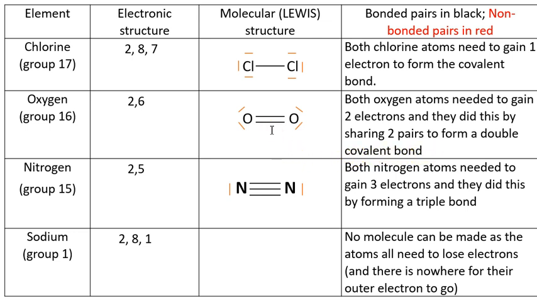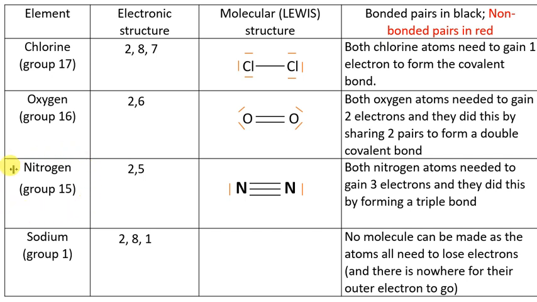I see my 2 lines between the oxygen atoms representing 2 shared pairs of electrons, a double bond, and each oxygen atom, having started with 6 electrons and used only 2, still has 2 pairs of electrons left over. That is a Lewis structure.